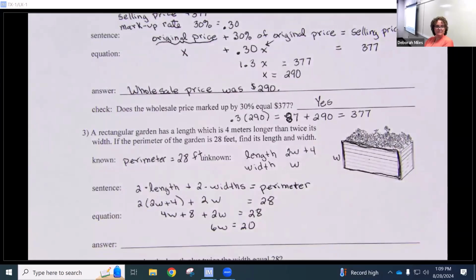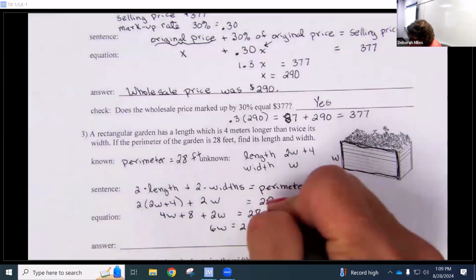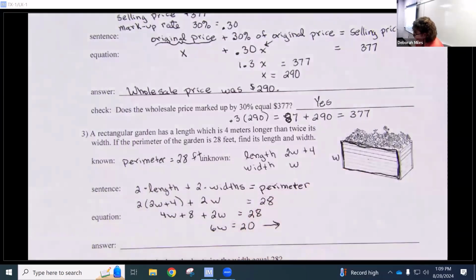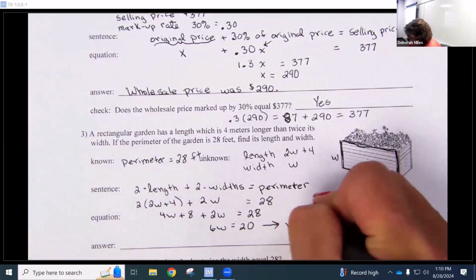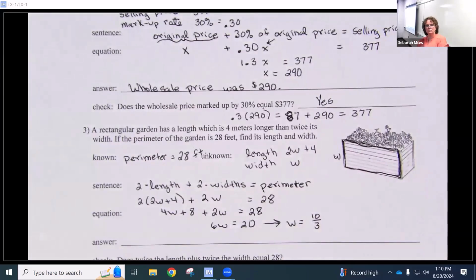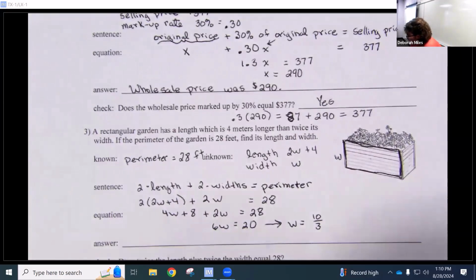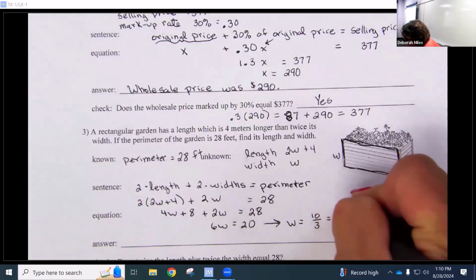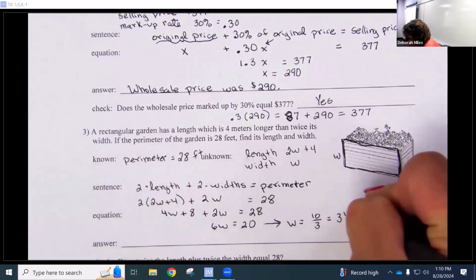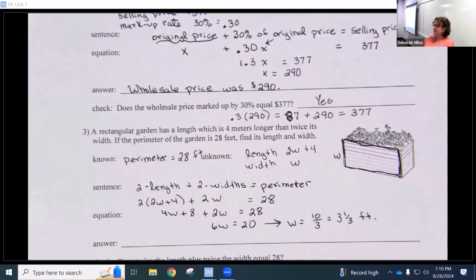Looks like I didn't. And I divide both sides by 6. I get the width is 10/3. And when I'm solving a word problem, it probably makes more sense to write that as a mixed number. The width is 3 1/3.